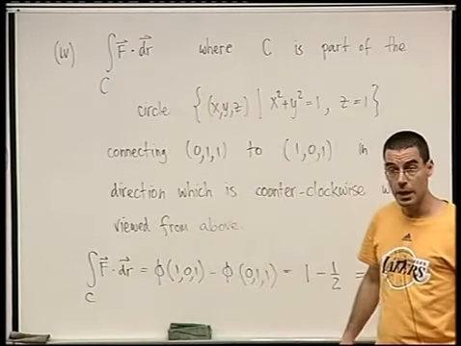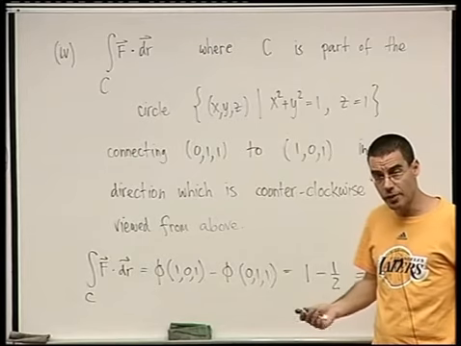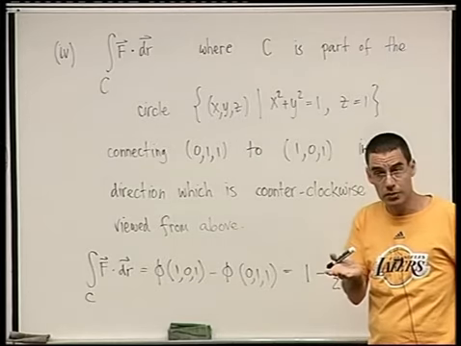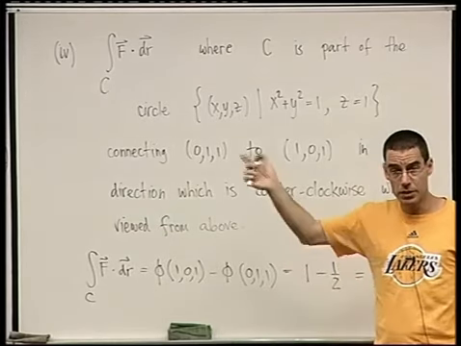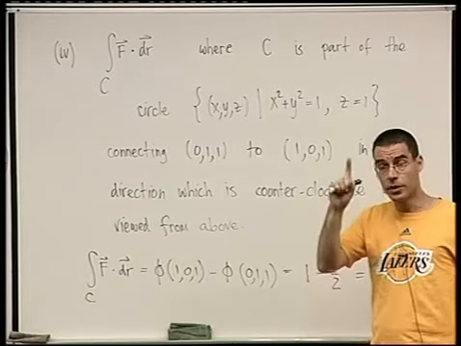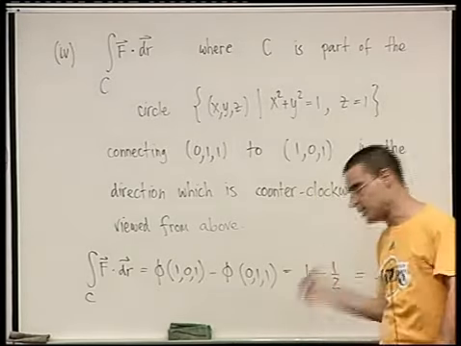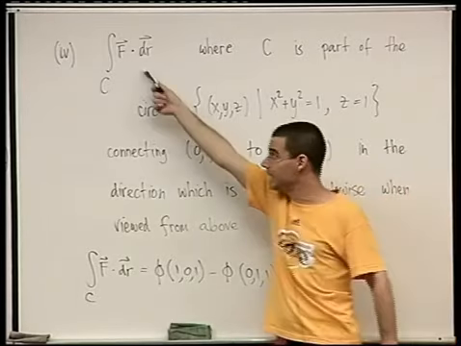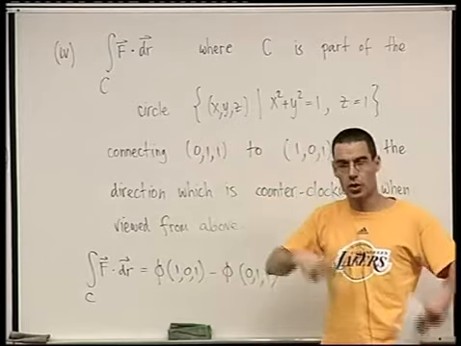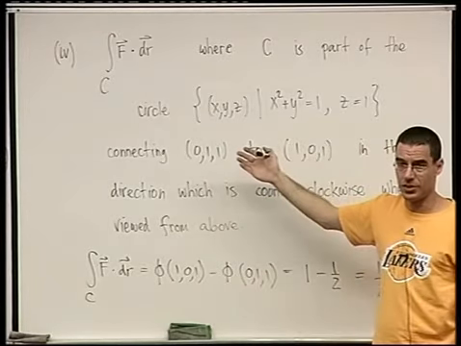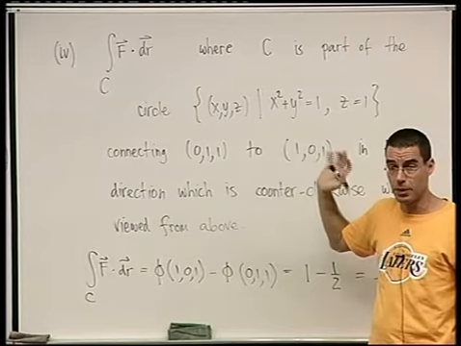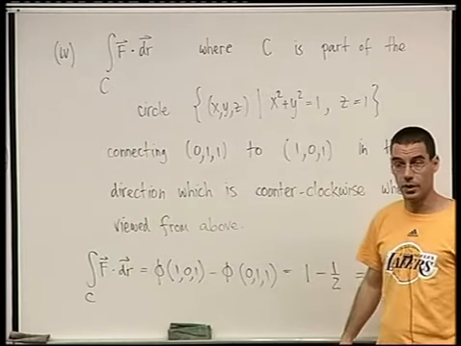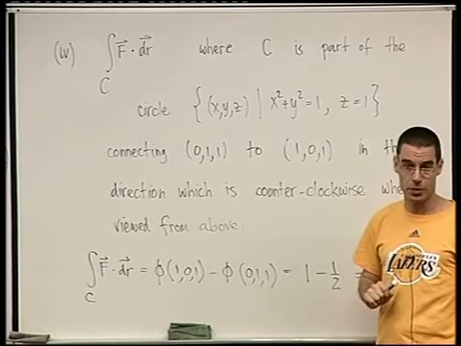And in many cases, it pays off to think on your own, hey, wait, is this F conservative? Easy to check. Just check the curl. Oh, the curl is 0. It is conservative. Let's find the potential and do this rather than get involved with actually calculating line integrals, parametrizing curves. And in this case, it's easy to parameterize this curve, so doing it the straightforward way is probably not that difficult either. But in general, this could be much easier than calculating line integrals directly.